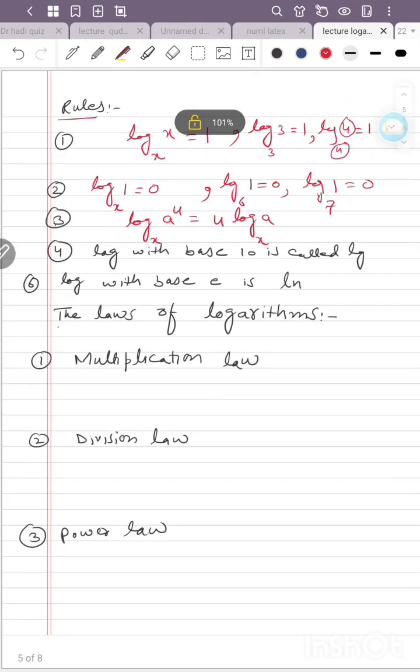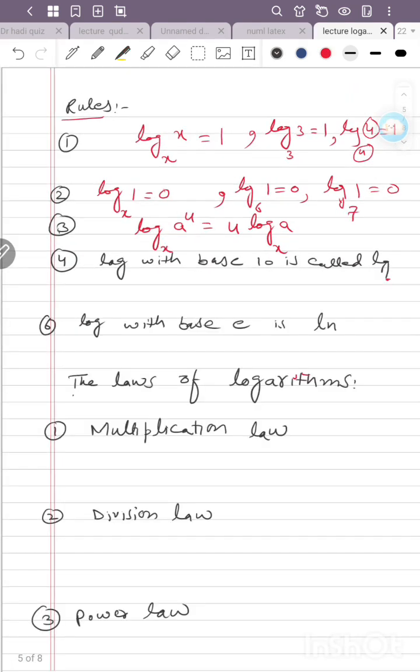Next, the log with base 10 is called lg. What does it mean? It is a very important property. When it is written in the form lg, it always means log with base 10. Log base 10 and lg are the same thing.